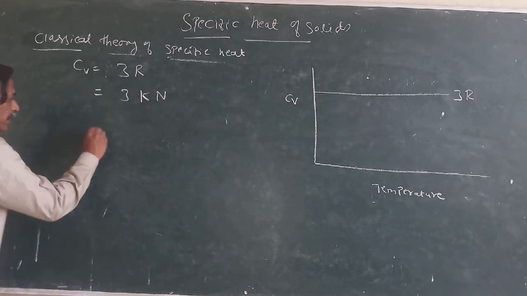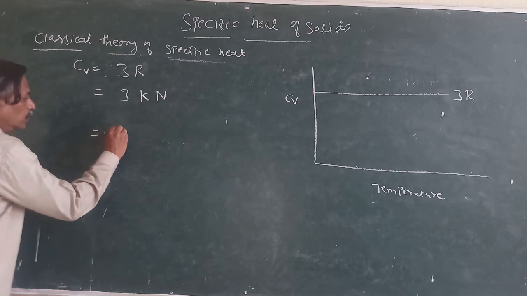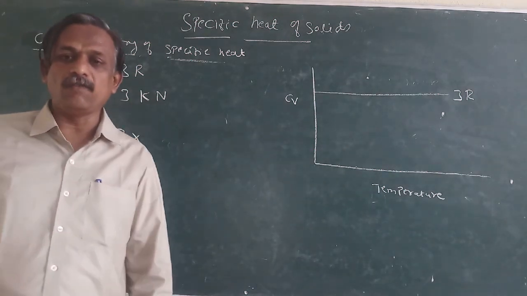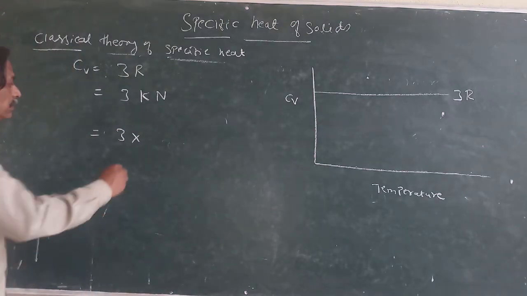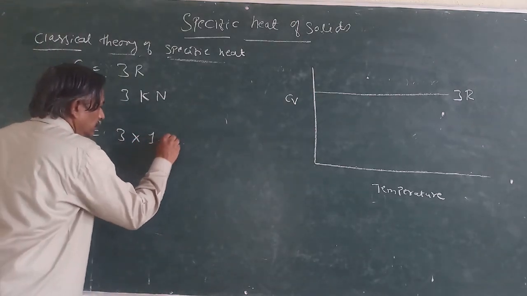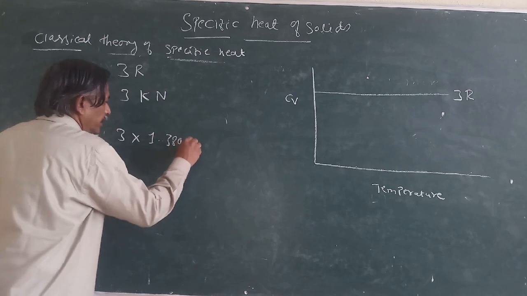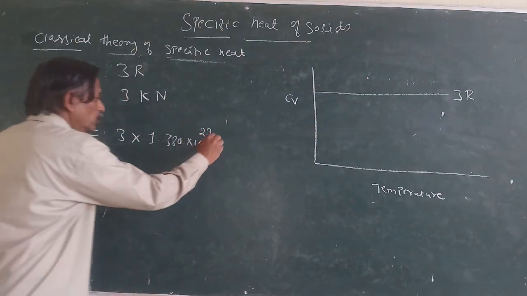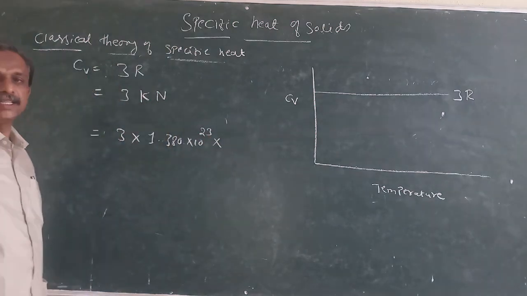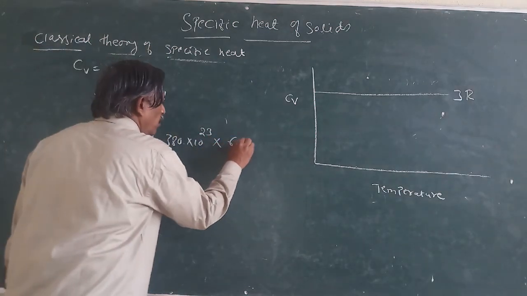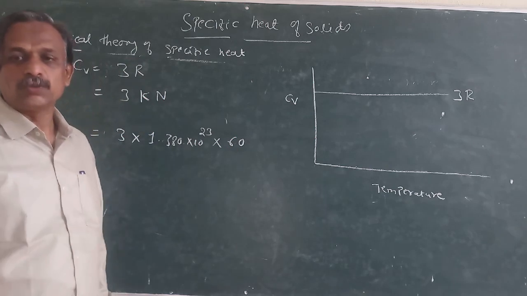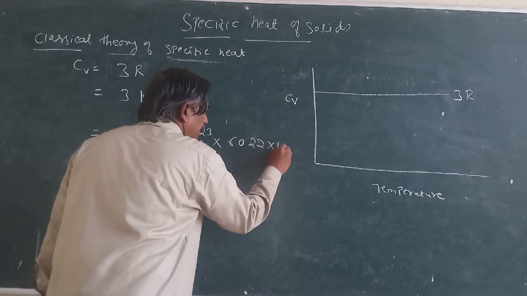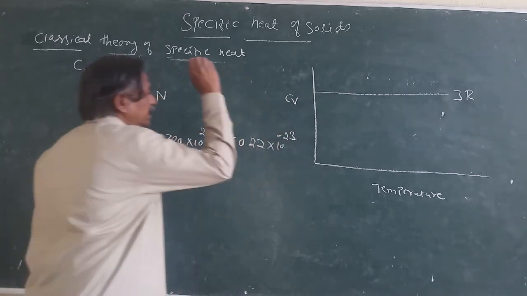So this is 3 multiplied by the Boltzmann constant, 1.380 into 10 raised to minus 23, multiplied by the Avogadro number, 6.022 into 10 raised to 23.